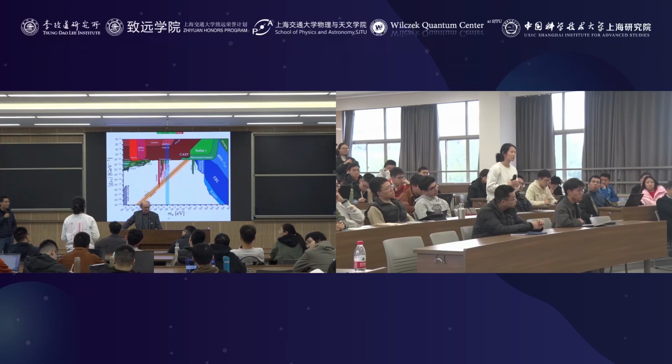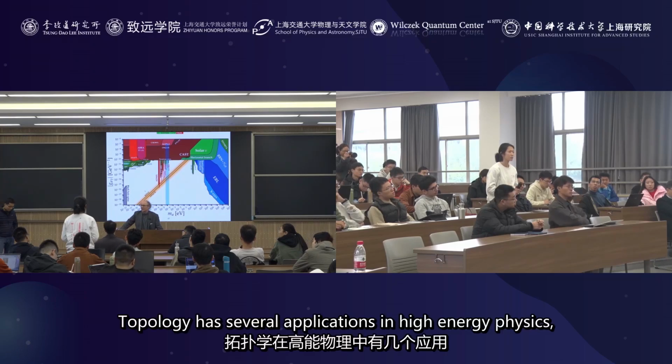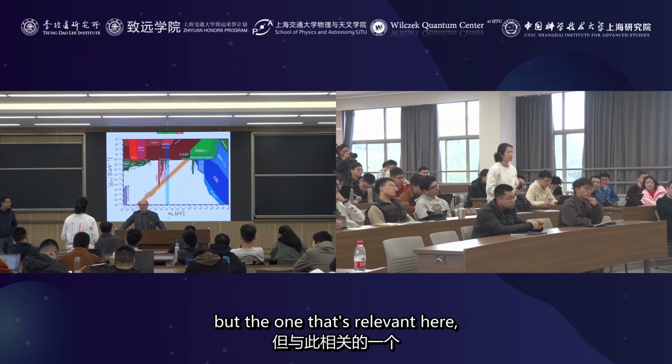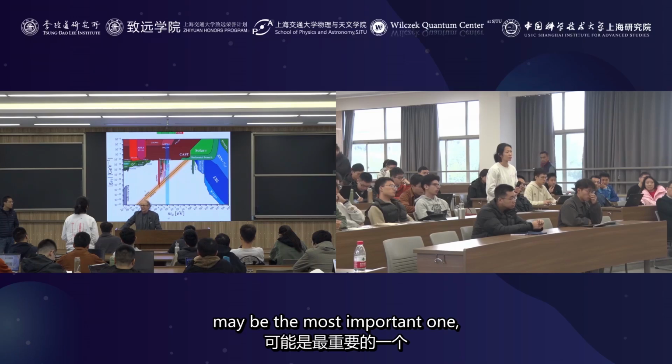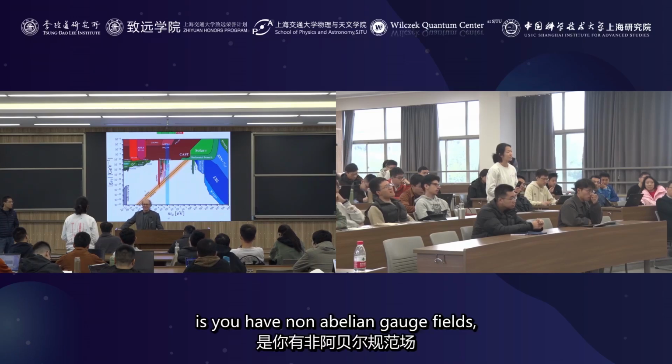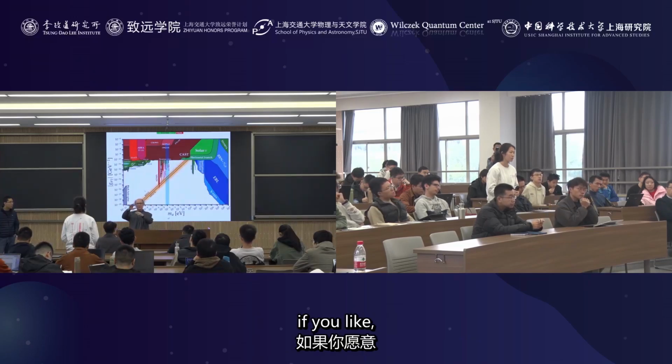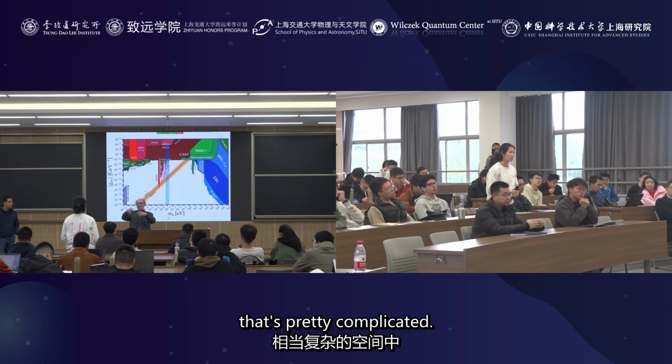Well, topology has several applications in high energy physics, but the one that's relevant here, which is in my opinion maybe the most important one, is you have non-abelian gauge fields. So they're gauge fields that, if you like, live in a space that's pretty complicated.